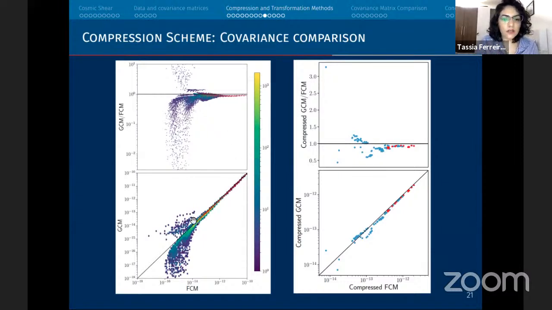These red dots here are going to be the diagonal elements, and we see that there are some slight differences. But again, looking at the elements of the full covariance matrices, it doesn't give you a clear picture of which elements you should be looking at. Whereas if you look at the one-to-one analysis for the elements of the compressed covariance matrix, then it follows a clear tendency. You can relate this one.